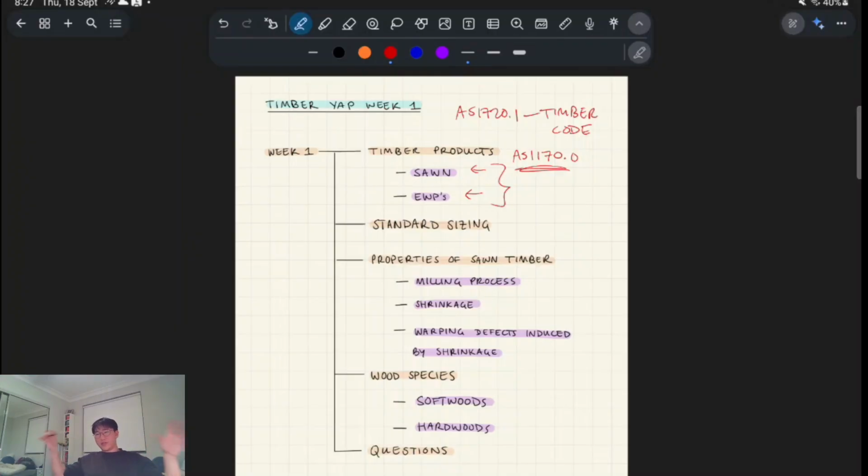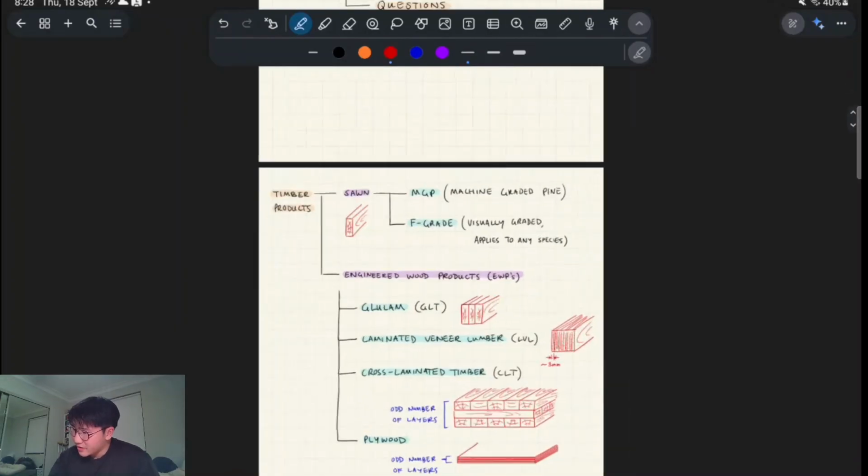If you think of it like a spectrum in terms of the materials, you have steel as the most consistent material, then concrete, and then timber as the most variable, because you'll find a lot of natural defects and inconsistencies with how you can grade wood. So timber is very variable, and it requires a lot more of a fundamental understanding of how it works than the other materials in order to design for it. So let's get into the rest of the stuff that I've shown on screen later.